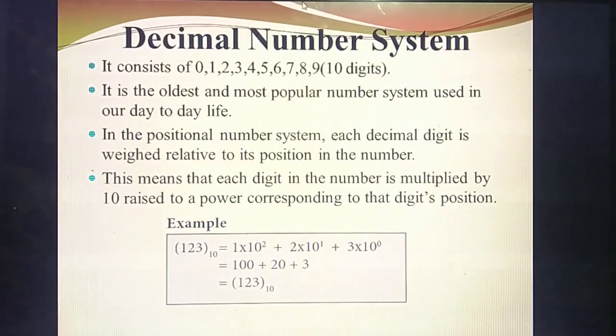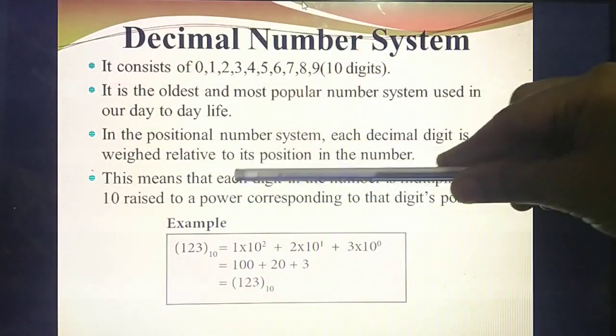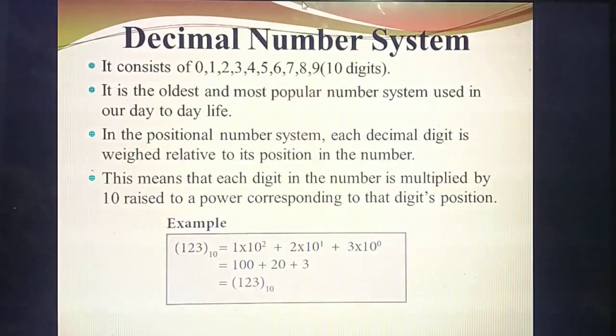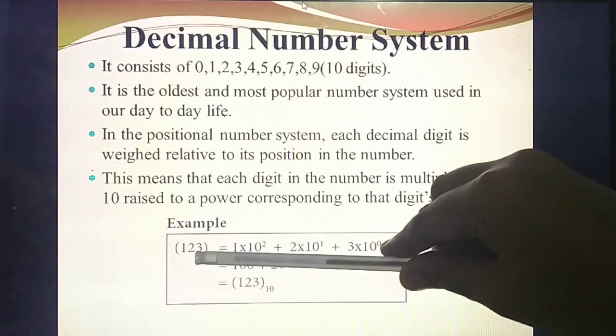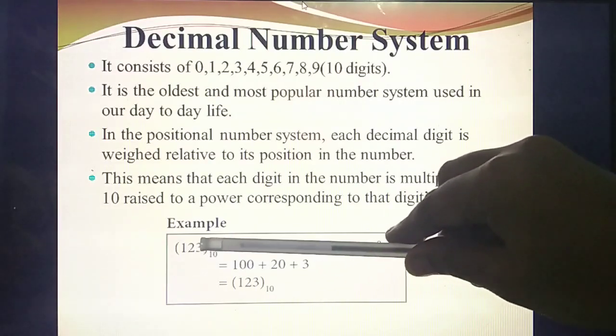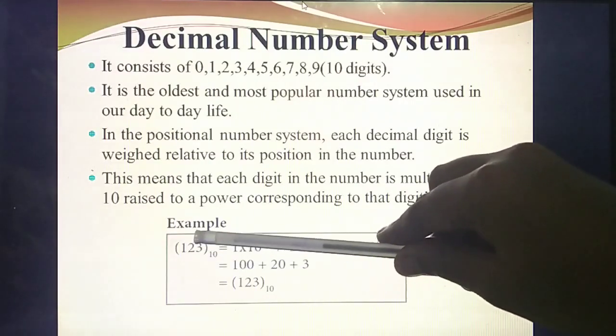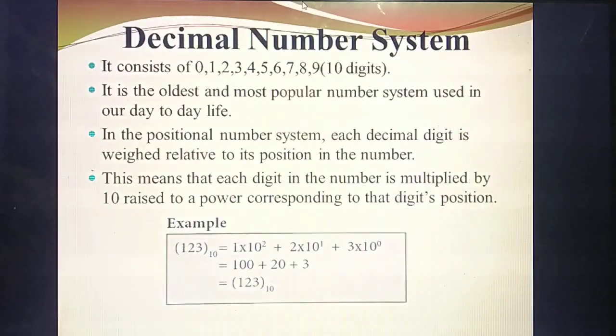First, the place value always starts from 0. We always count from the right side. 3 has place value 0, then 2 means 1, and 1 means 2.